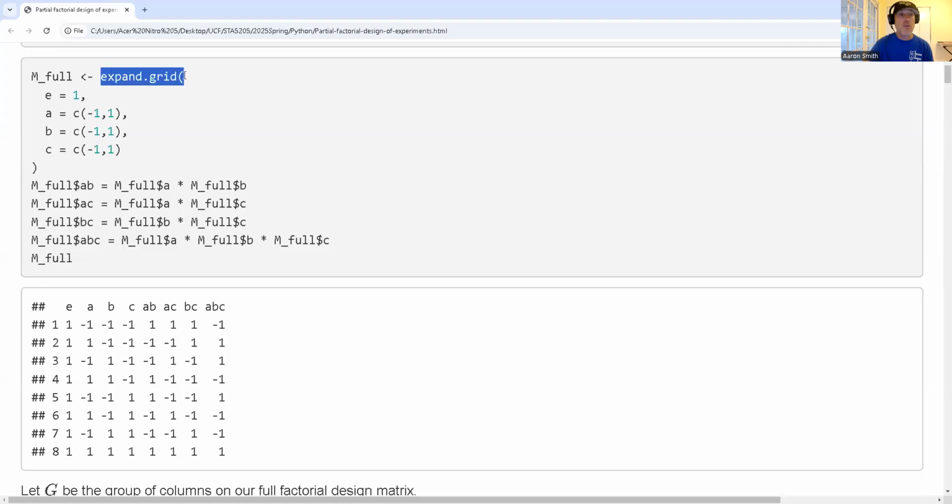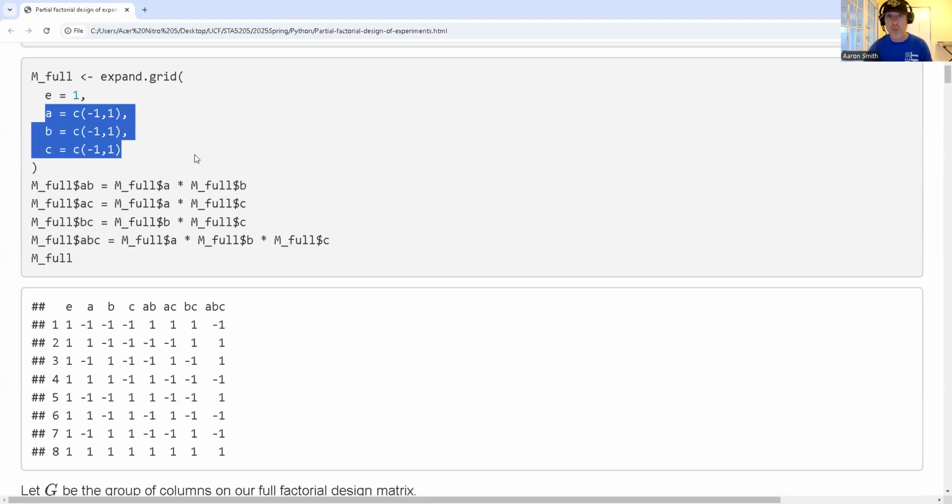I'm going to use the expand grid function. So the intercept, that column is represented with always being a 1. Now the main effects, I'm going to represent with plus or minus 1s. Okay, why am I doing this? In linear regression, I can reduce the standard error of a coefficient's estimate by increasing the spread of the observed values.